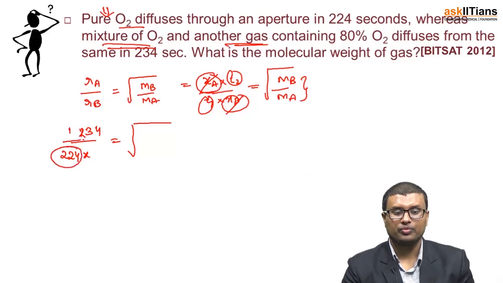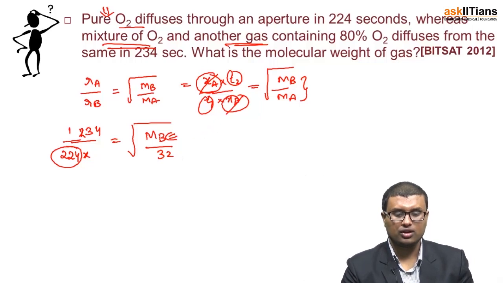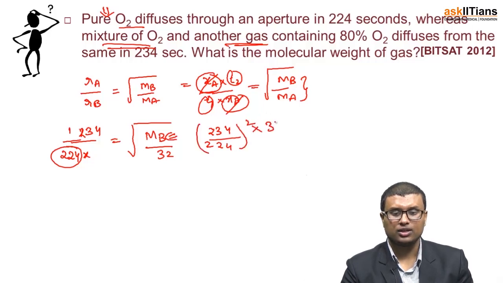So it will be the square root of MB, which is the molecular weight of the mixture, by MA. MA is the molecular weight of oxygen. It is 32. So from this you will get what? You will get the molecular weight of B. So it is nothing but 234 by 224 whole square into 32.